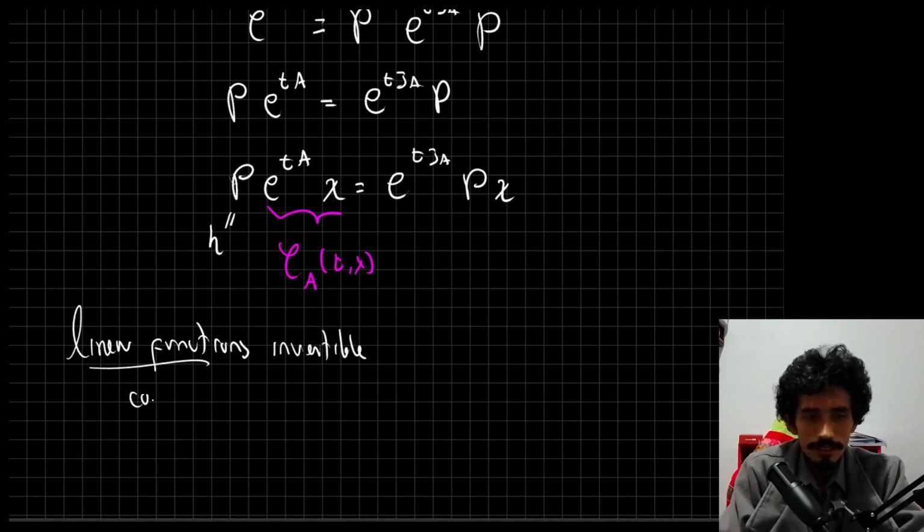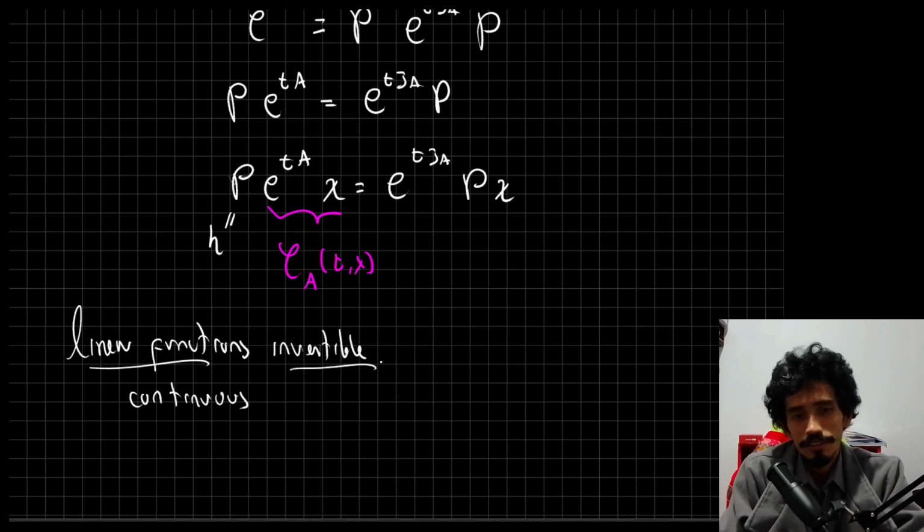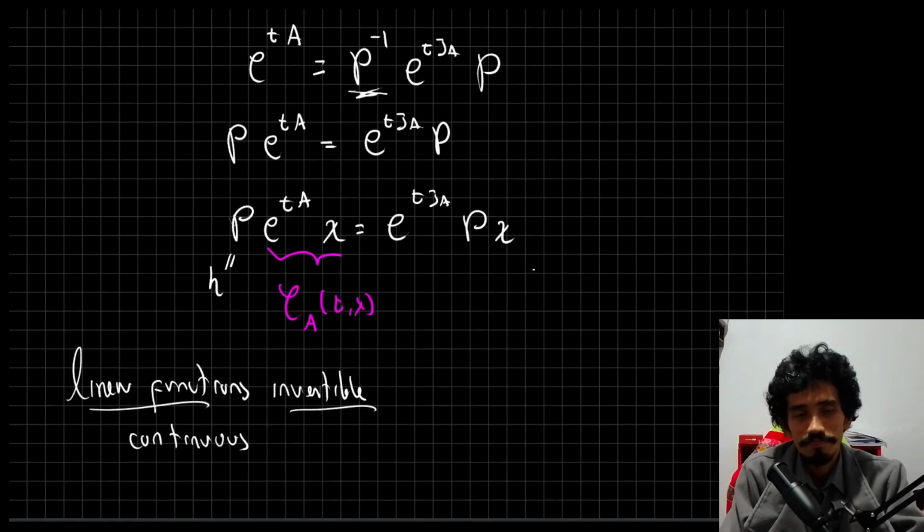Linear functions are continuous, so its inverse is also continuous because it is another linear function or linear transformation. So the function that is defined by this matrix is a homeomorphism.